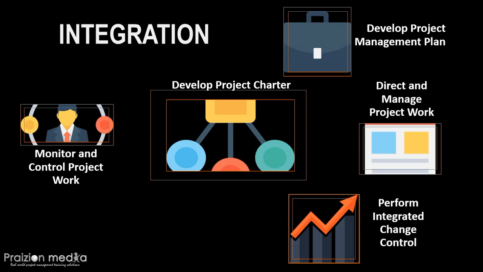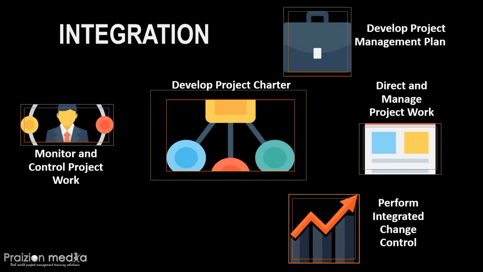In Perform Integrated Change Control, we have a group of authorized individuals, which could include the project manager and the project sponsor and others, who review change requests and approve or reject the change requests or put them into pending status or on hold.